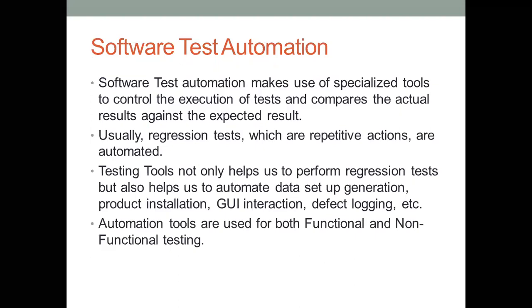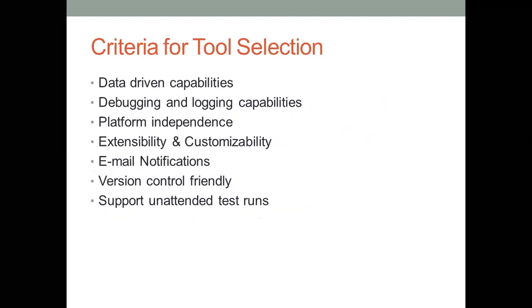Using automation tools we test functional as well as non-functional. Then criteria: these are the criteria which we check and we select the appropriate tool. So these are the 7 criteria we have to check before selecting the tool.